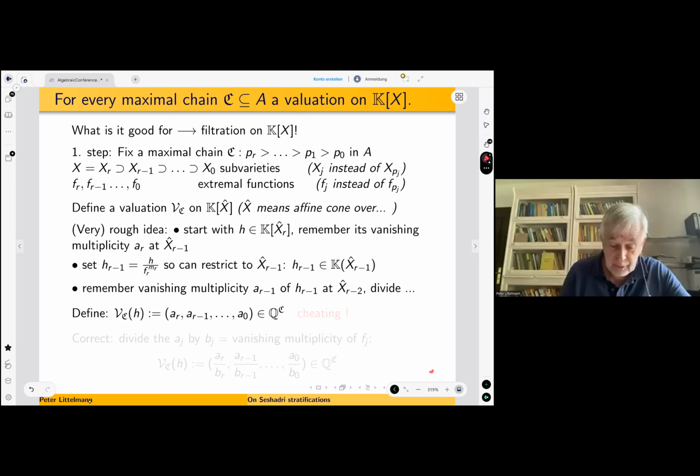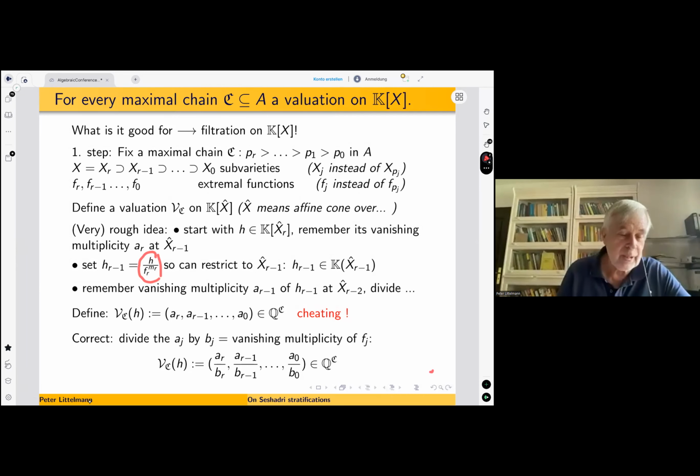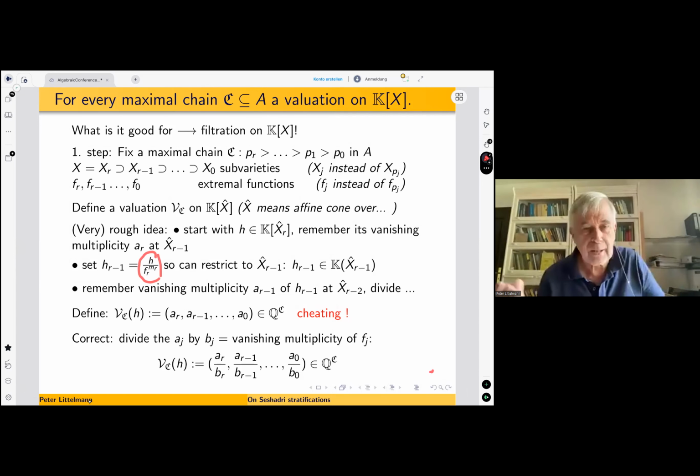Of course, there is a lot of cheating here, because first of all, it's not at all clear that such a power exists, but one can adapt the construction. So this is the idea how one should do it. It doesn't always work, but there is a way to get around it.